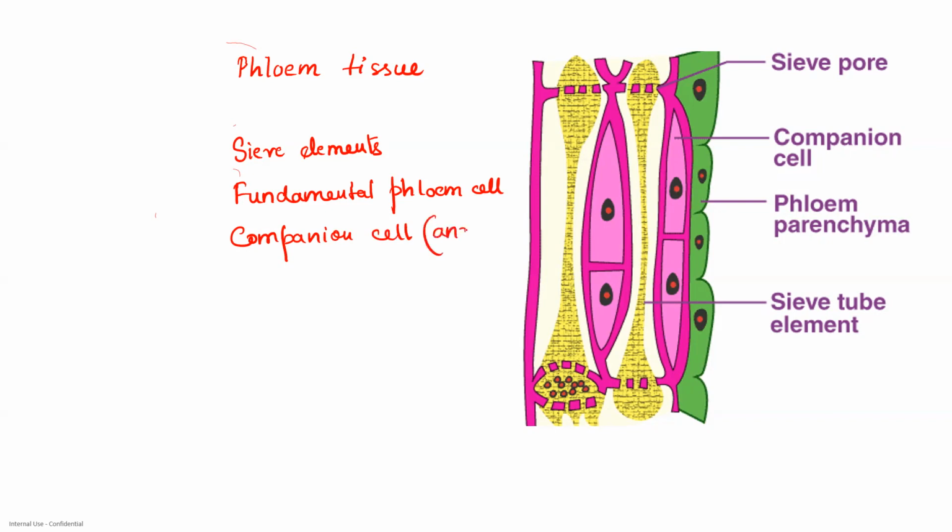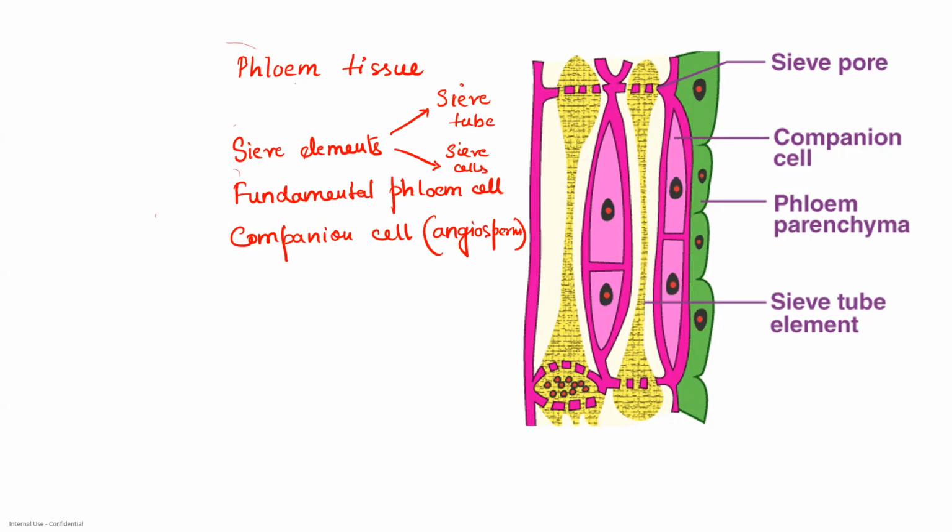Companion cells are in angiosperms, and analogous to this are albuminous cells, which are present in gymnosperms. Correct? And the sieve elements will have what? You should know this. Sieve elements have sieve tubes and sieve cells. This is something you already know.